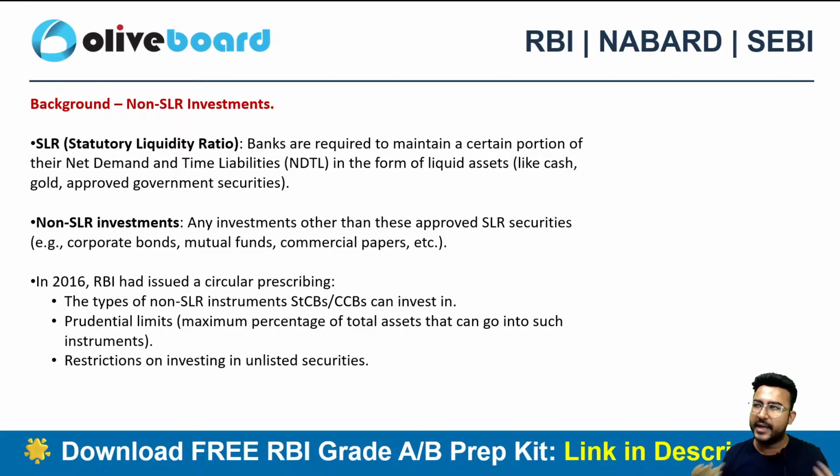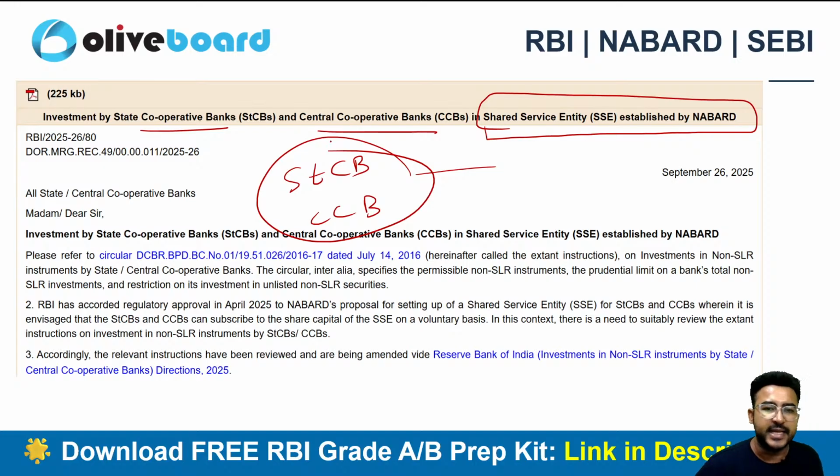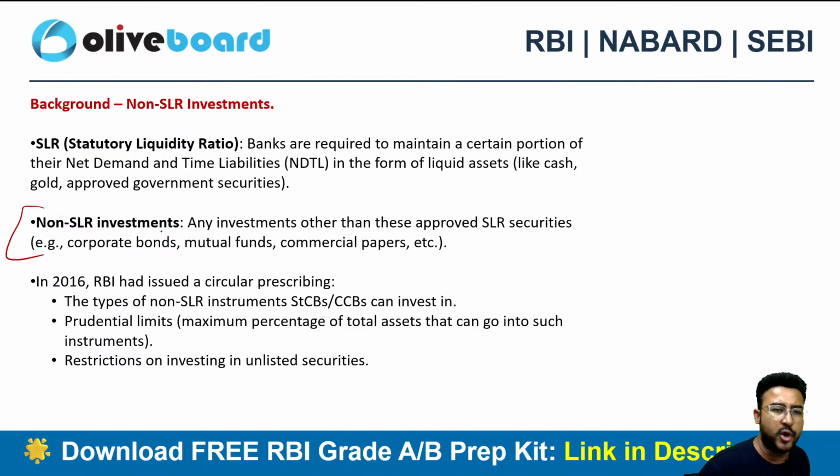And how do we maintain it? By investing in SLR approved investments, right? It can be cash, it can be gold, it can be any kind of approved government securities. What if you invest in non-SLR securities as well? STCBs and CCBs were permitted to invest in non-SLR investments as well, just like any other regulated entity, right? They are also permitted.